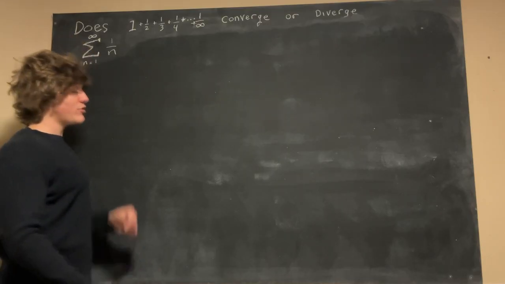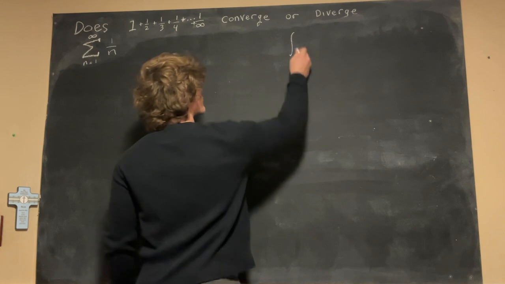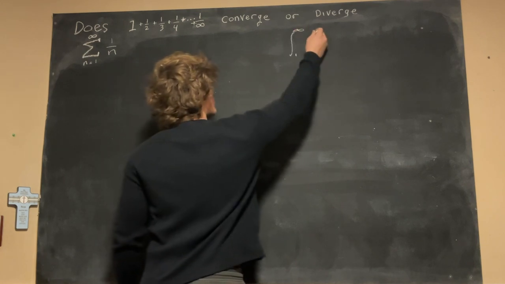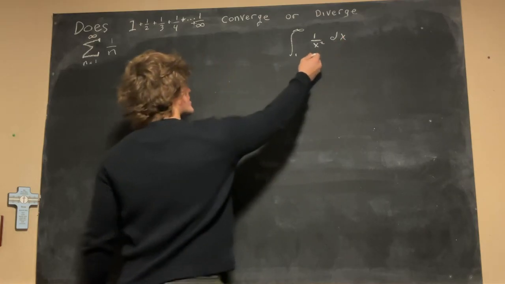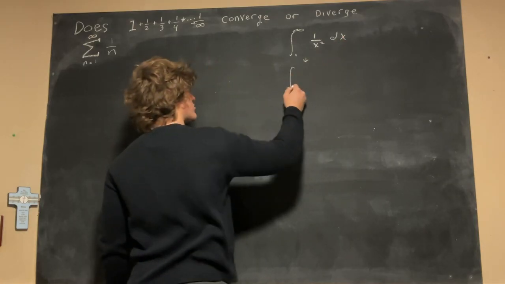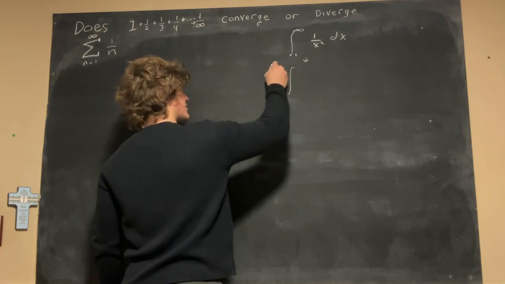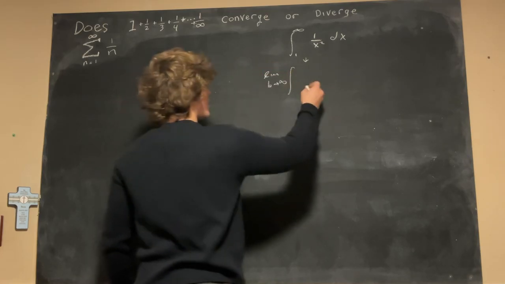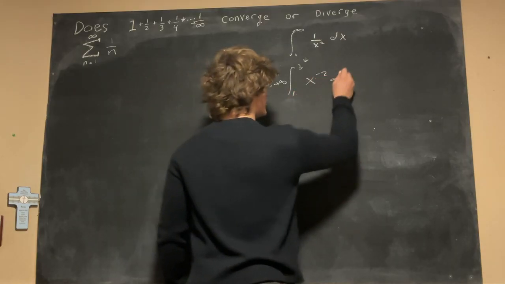For example, if you look at the integral from 1 to infinity of 1 over x squared dx, this goes to the limit as b approaches infinity of the integral from 1 to b of x to the negative 2 dx.